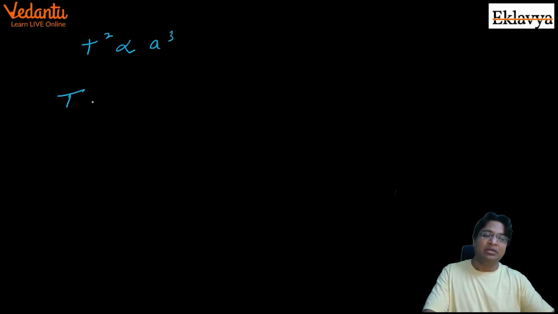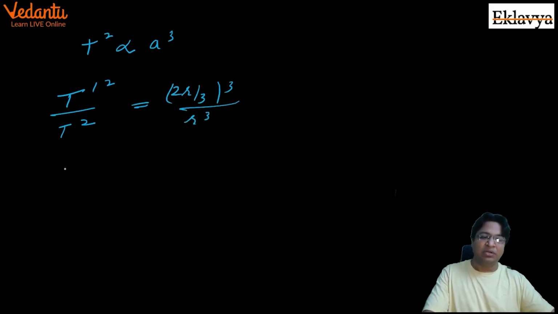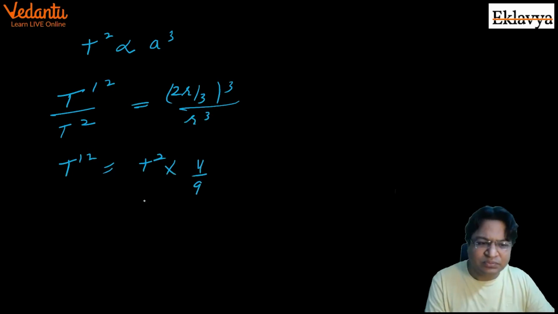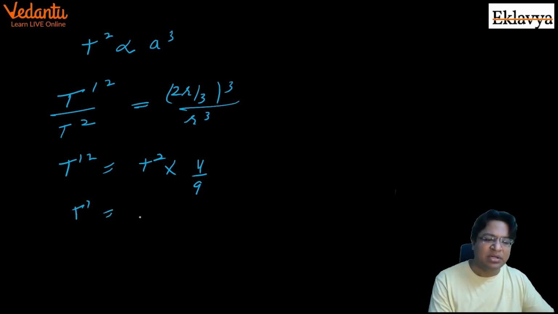So the new time period squared divided by the old time period squared will be equal to (2r by 3) cube upon r cube. So T prime square is T square into 4 by 9. Check this, am I right? So T prime is 2 by 3 times T.